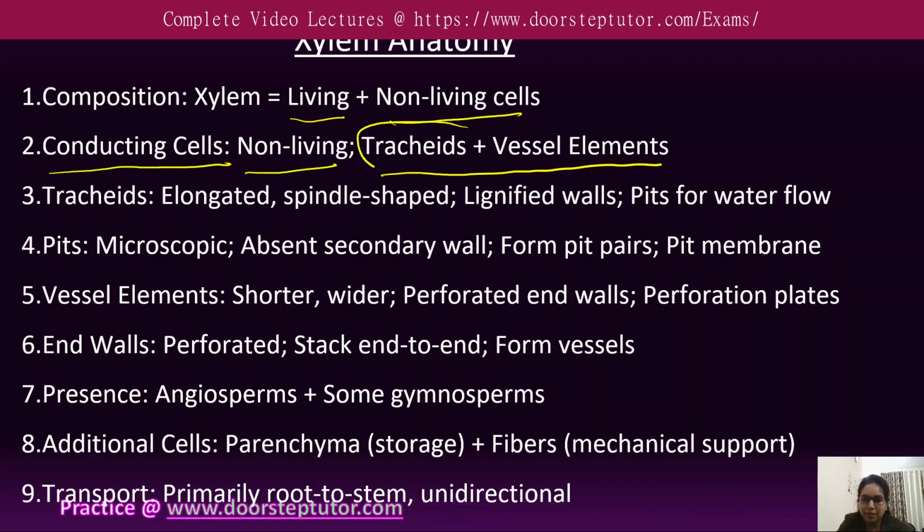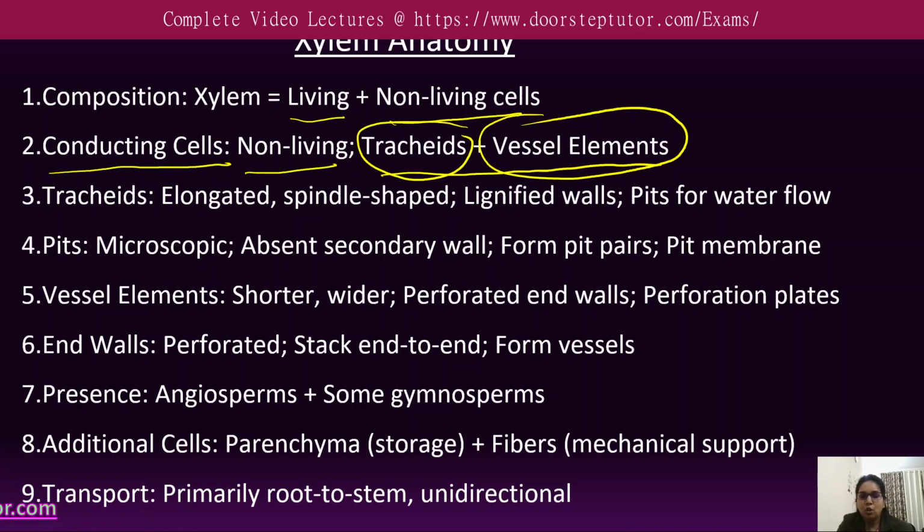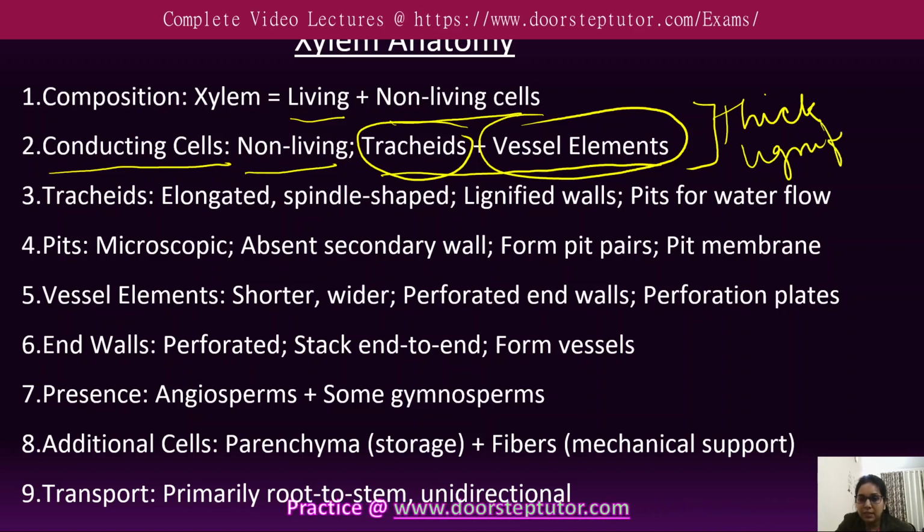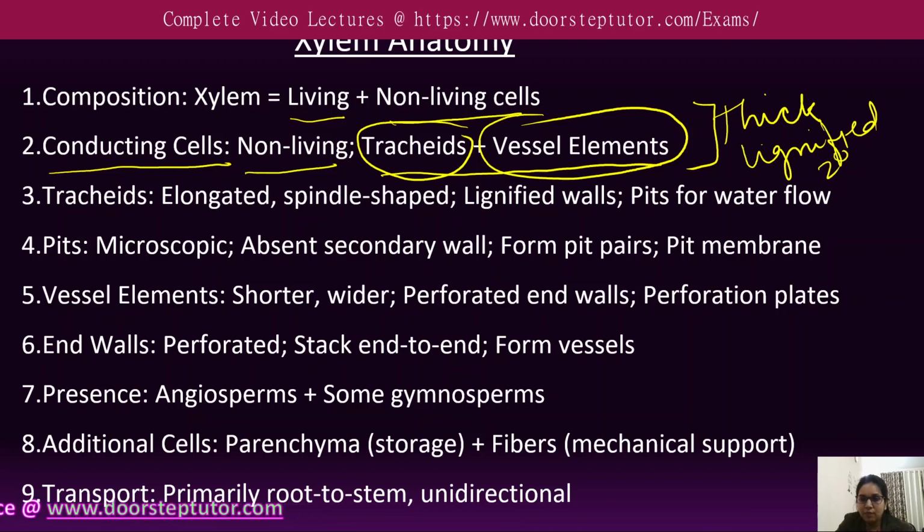The first one is the tracheid and the second one is the vessel element. Both of these have thick, lignified secondary cell walls and are dead at maturity.